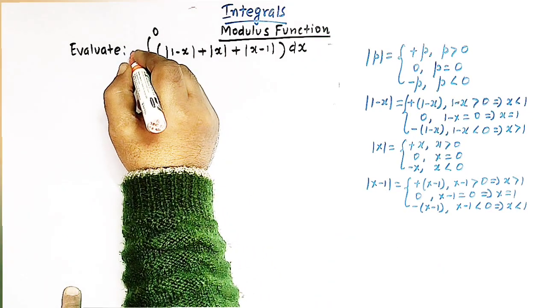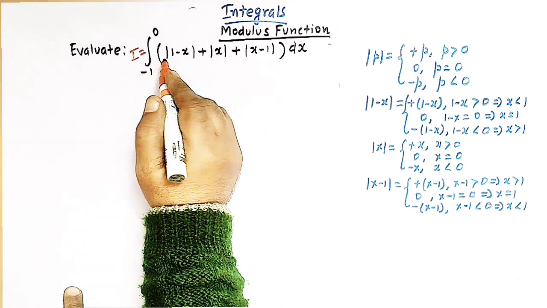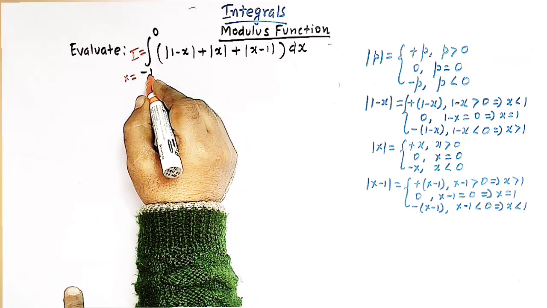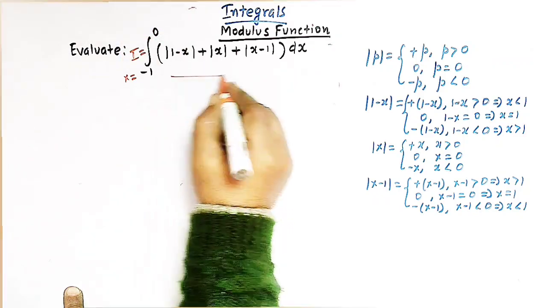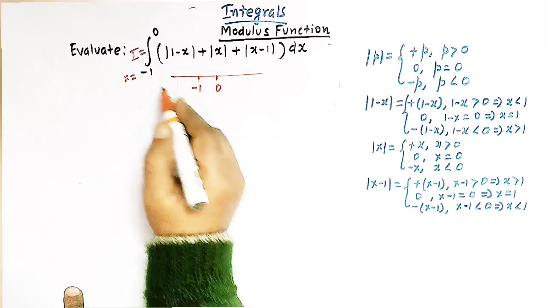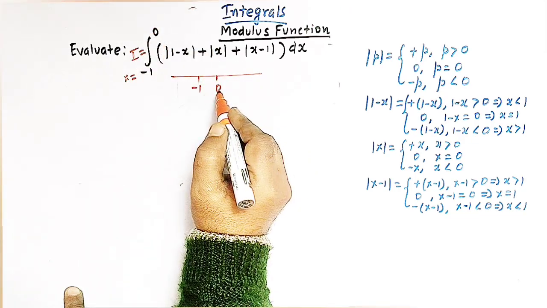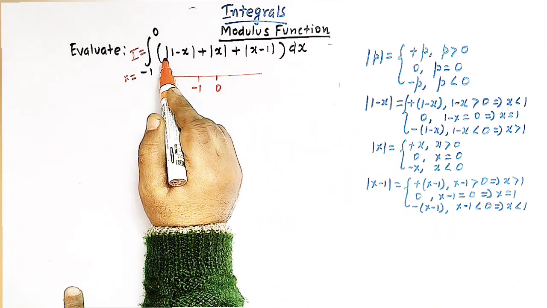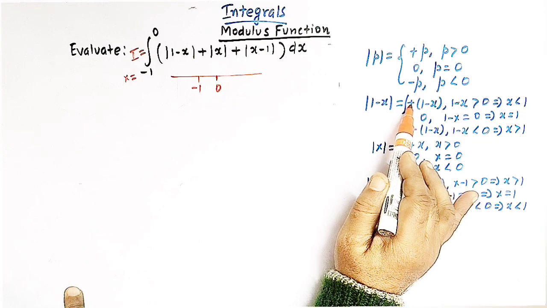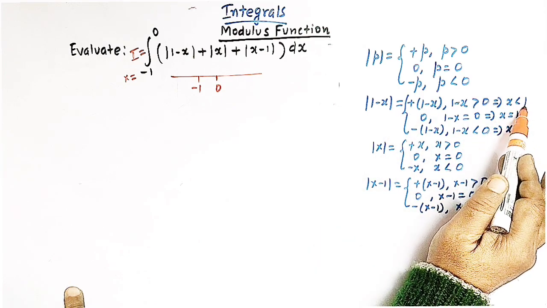So now let us call this integral as I, right? Now see here the limits of integration vary from minus 1 to 0. So here we have minus 1, here we have 0, right? So the limits of integration vary from minus 1 to 0. So a mod of 1 minus x is equal to positive 1 minus x when x is less than 1, right?